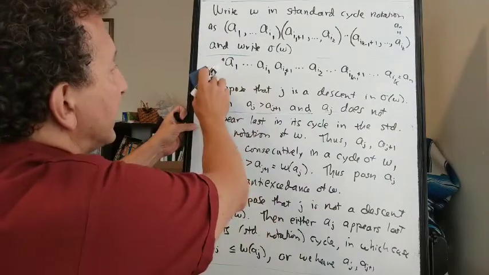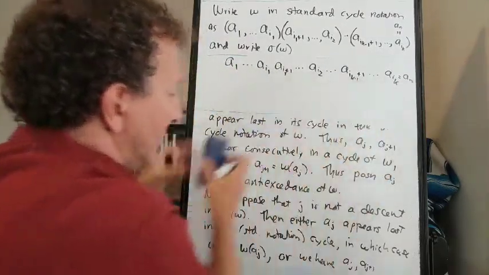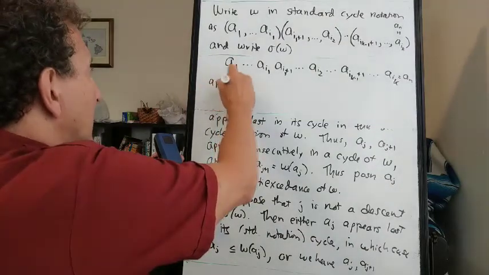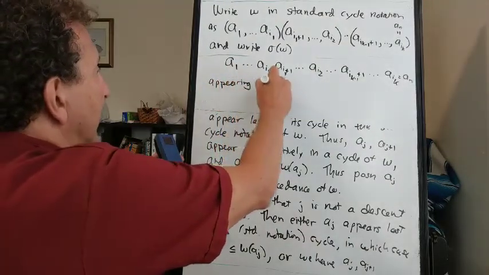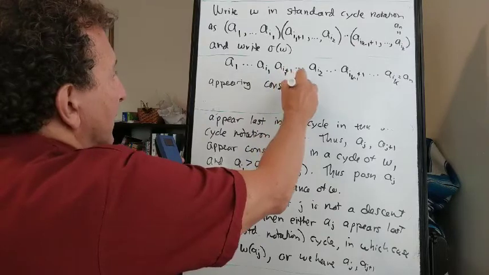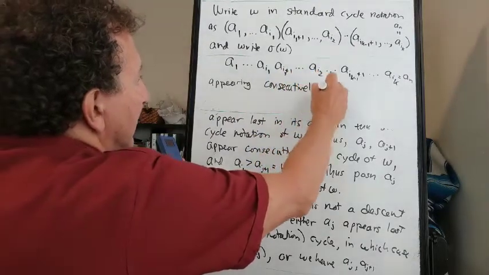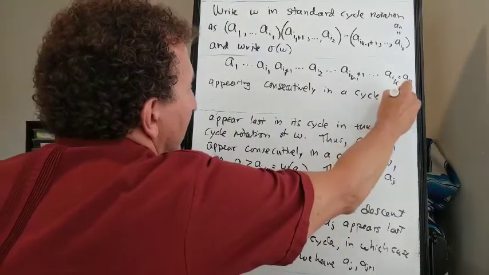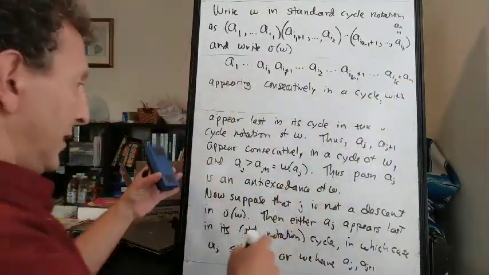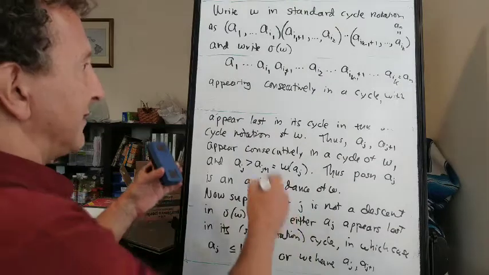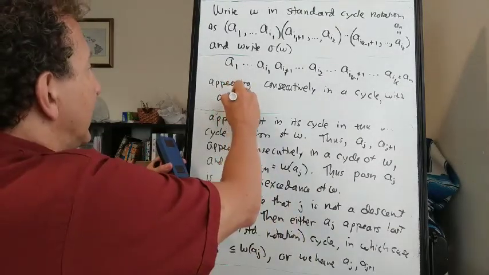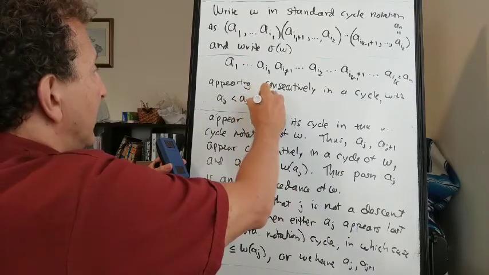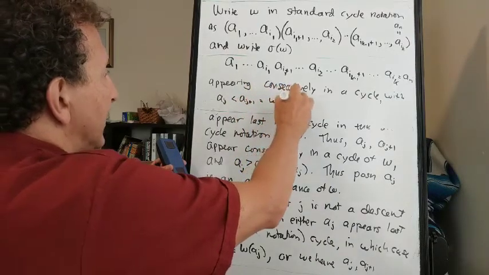We have AJ and AJ plus 1 appearing consecutively in a cycle, and we're assuming that J is not a descent. So AJ is less than AJ plus 1, which is W of AJ.